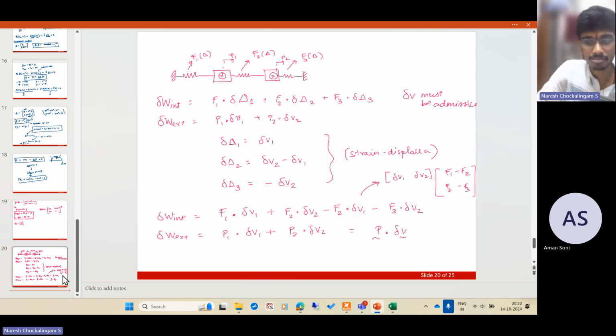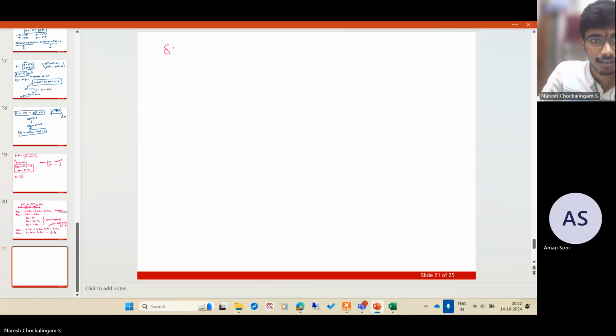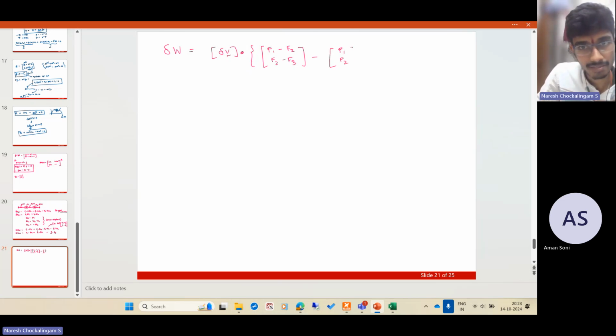So our virtual work expression is del W is equal to, you get a del V, so this is a matrix dot with internal. So internal is F1 minus F2, F2 minus F3, minus P1, P2, the external.